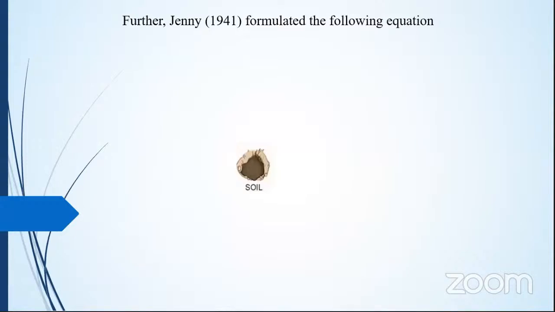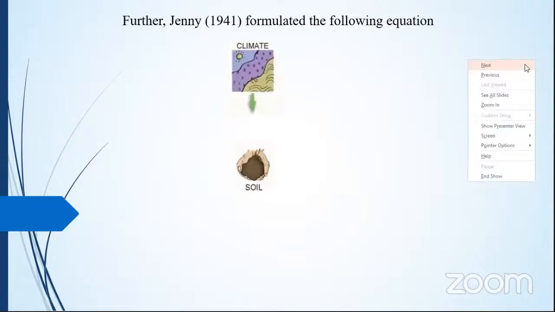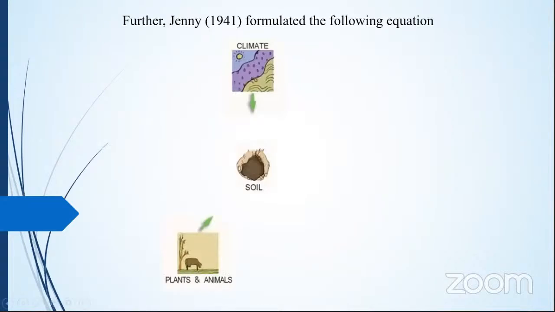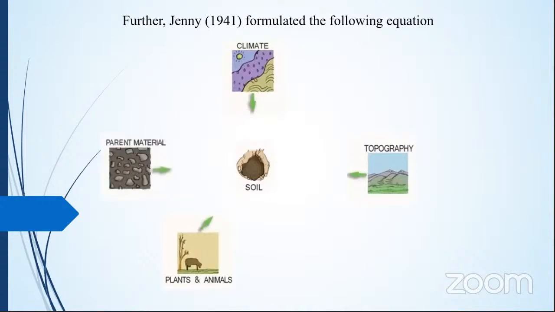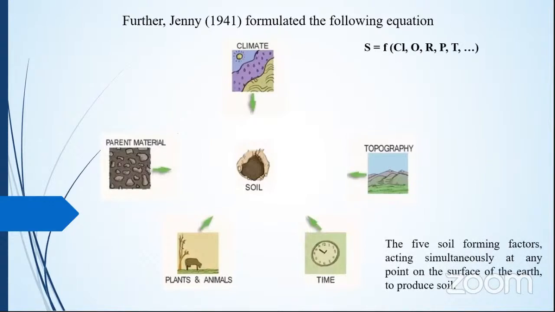Very first one is climate, and another one is plants, that is organisms, and topography or relief, both are synonyms. And another one is parent material, this is an important one. And another one is time. So these are the formulations given by Jenny.